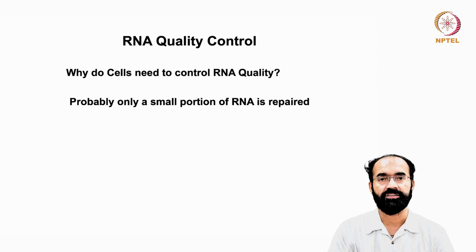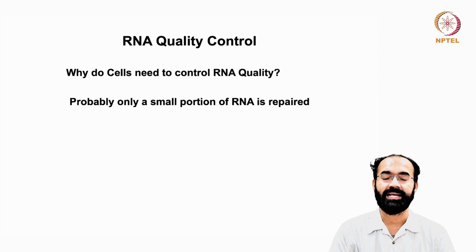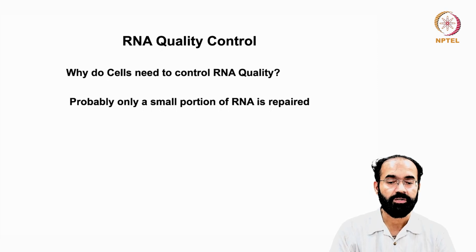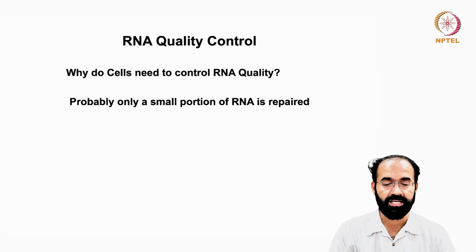If an RNA has got a defect and is not passing quality control, it can be repaired to some extent by using RNA modifying enzymes, etc. RNA editing also can be called a kind of repair, because a given RNA that is problematic is not going to be useful, so it has to be fixed. So only a small portion of RNA is repaired. That means any RNA that does not pass quality control must be marked for degradation. So it starts from its production, right from the nucleus.